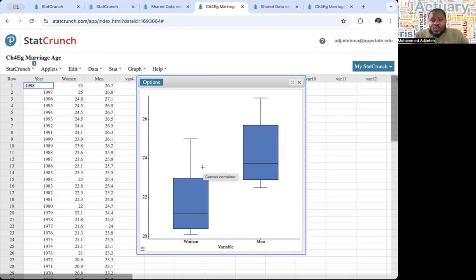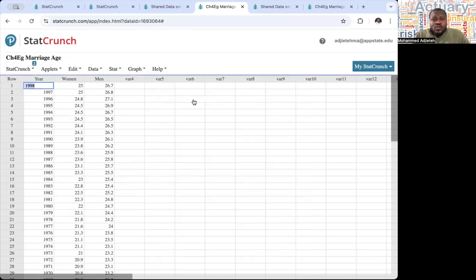The time plot shows the time versus the data. So you see in this data set here, we could also use the time plot because now we have time: the year, and then the data. So we could also draw time plots to have some insights about the data.